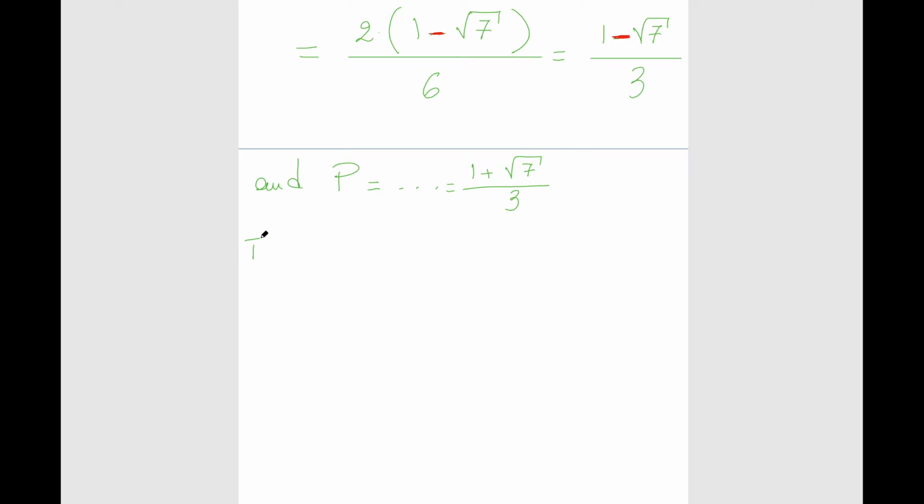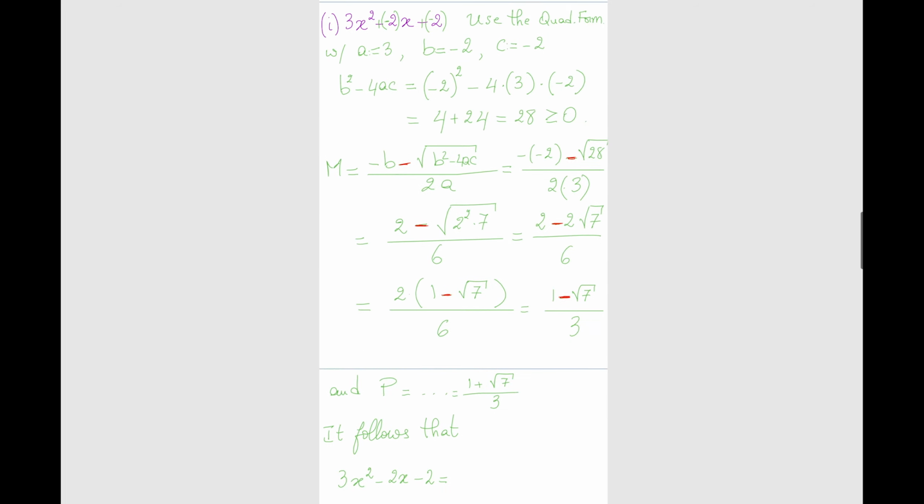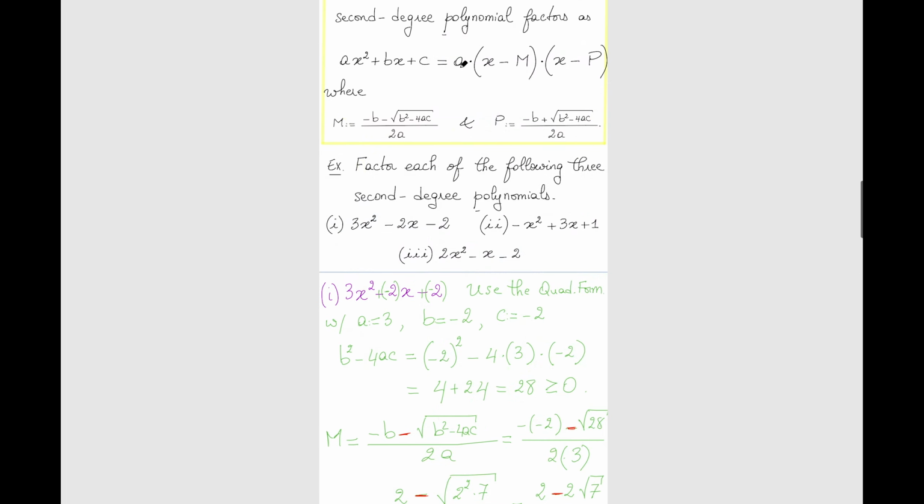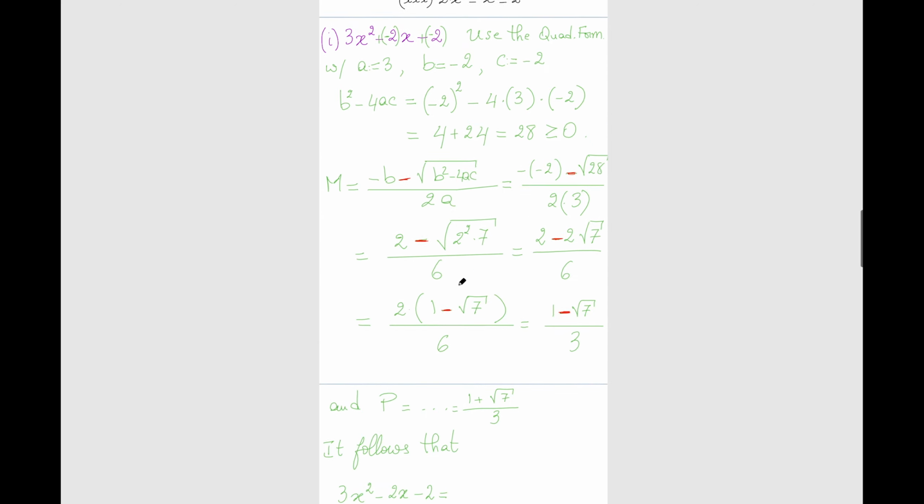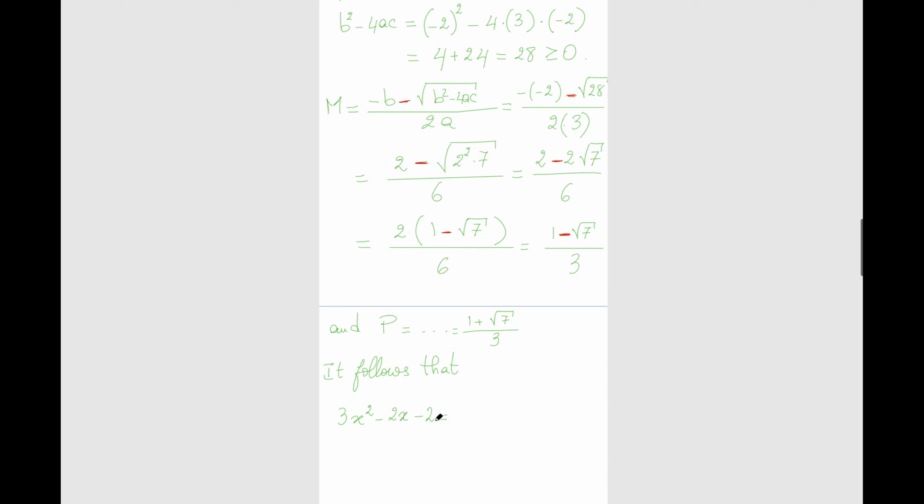So it follows that our second degree polynomial, which was 3x squared minus 2x minus 2, can be factored as, again, I'm applying the quadratic formula. I'm just applying this result. Who's my A? My A is 3 in this context, right?